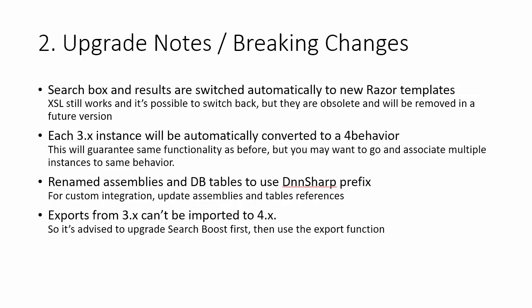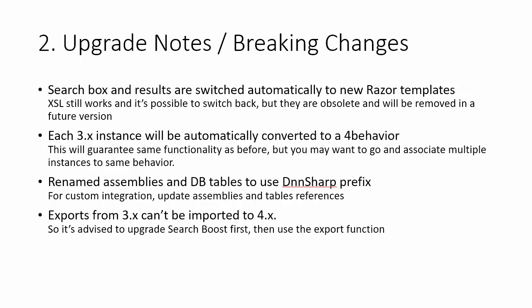The next thing is that each SearchBoost instance that existed before SearchBoost 4.0 will be converted to a behavior. So if you had three modules, let's say 100, 102, and 103, in SearchBoost 4.0, you'll actually have four behaviors. You have one for each module and then the site search default behavior.